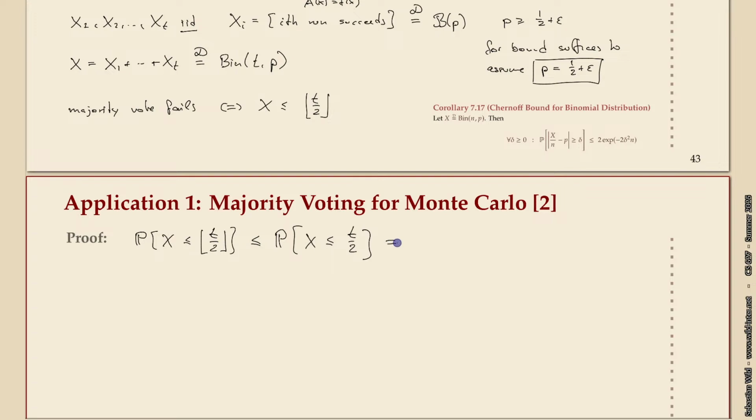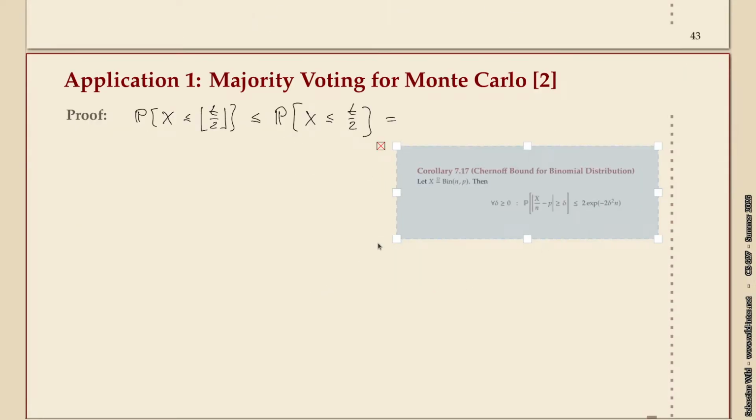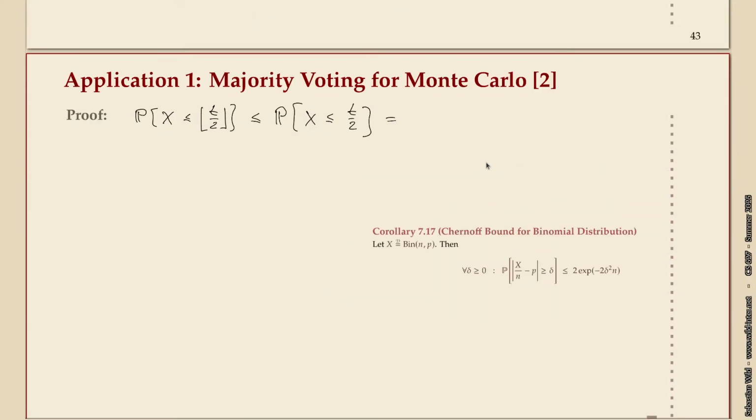And now we have to rewrite that in a form that matches the Chernoff bound. The point is we need to rewrite it so that it matches that form. So we have to subtract the expected value, and it turns out it's more convenient to flip it around and add p on both sides.